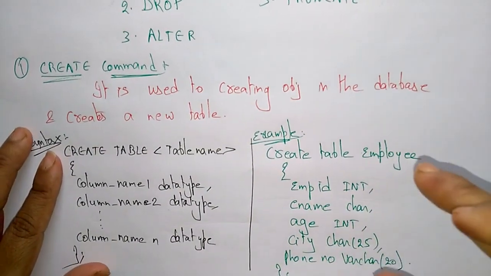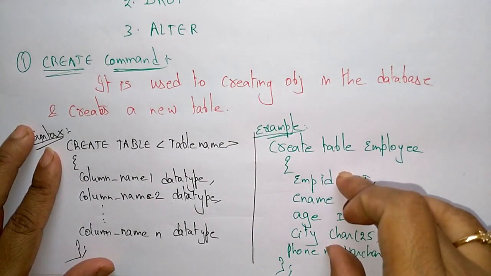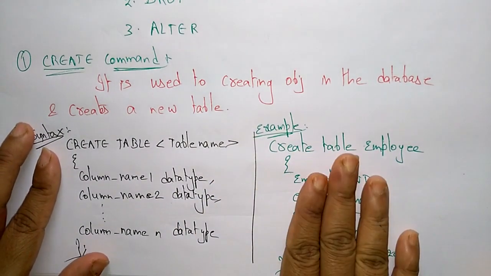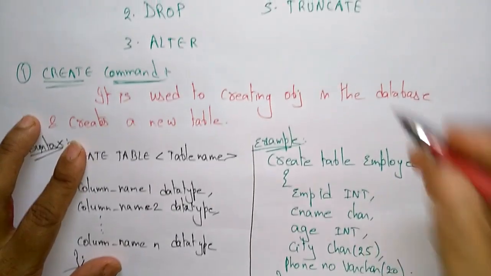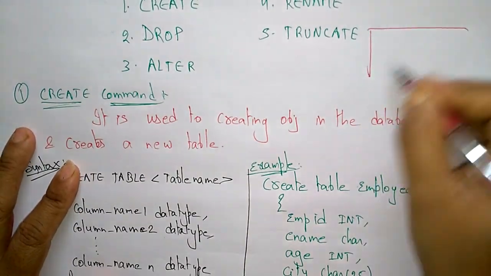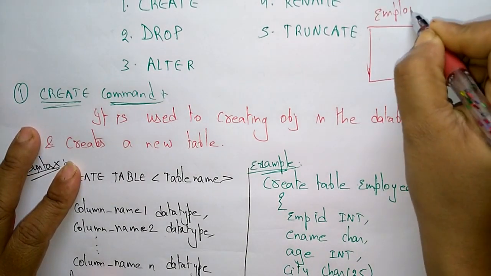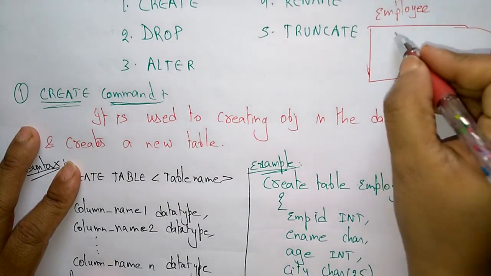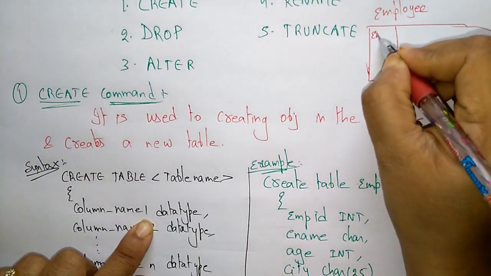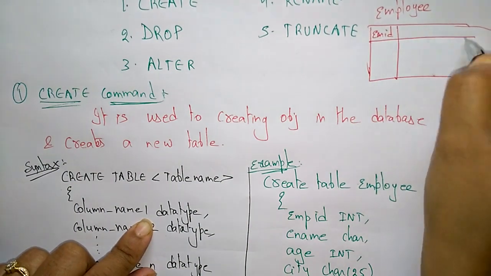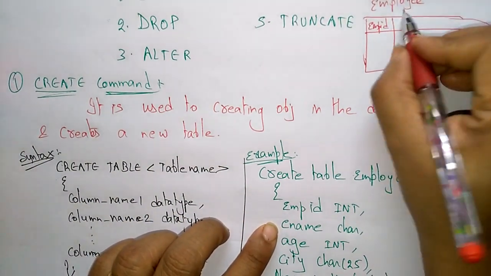So whenever I enter this structured command language, whenever I create this command, the table that is created has the table name employee. The first column name is the employee ID. A structure is created in the database with the table name employee.